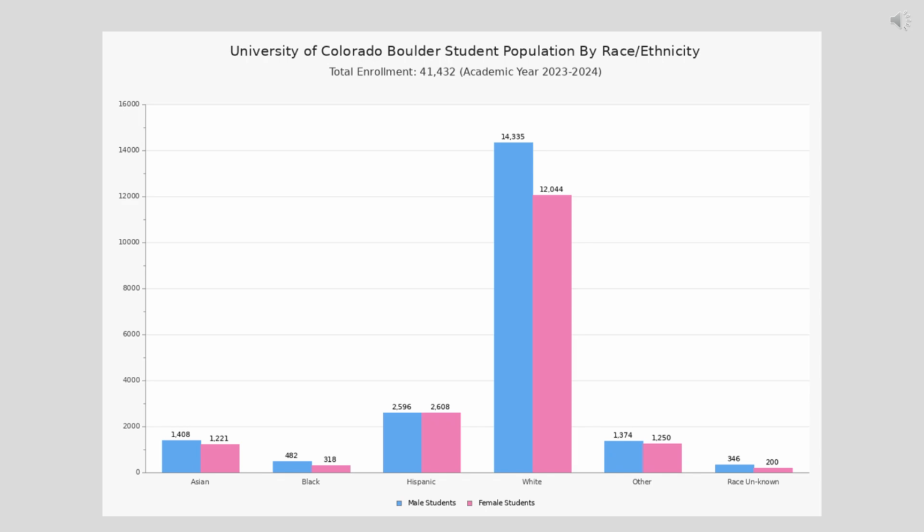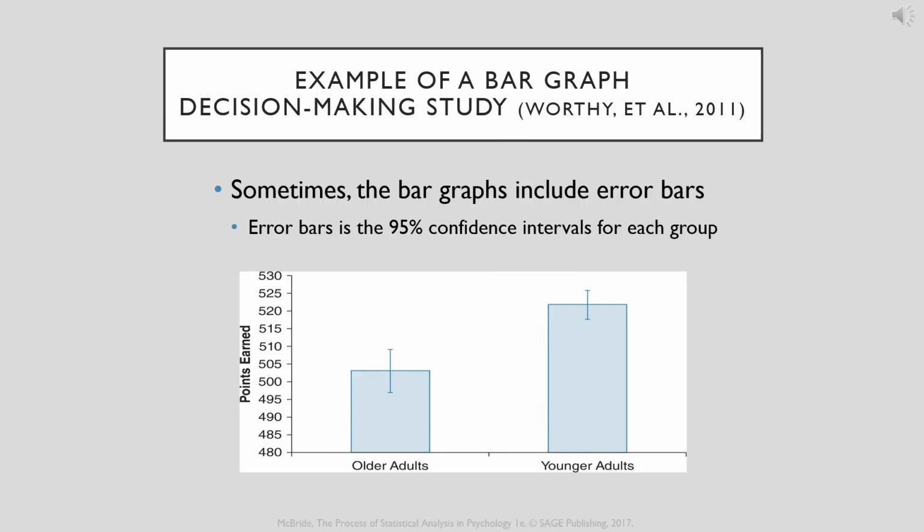This is a graph of ethnicity of students in the student body, but each ethnicity is also broken down into male and female. So you're thinking about ethnicity, but you're also thinking about gender. This can be shown in a lot of different ways, but that's just an example.